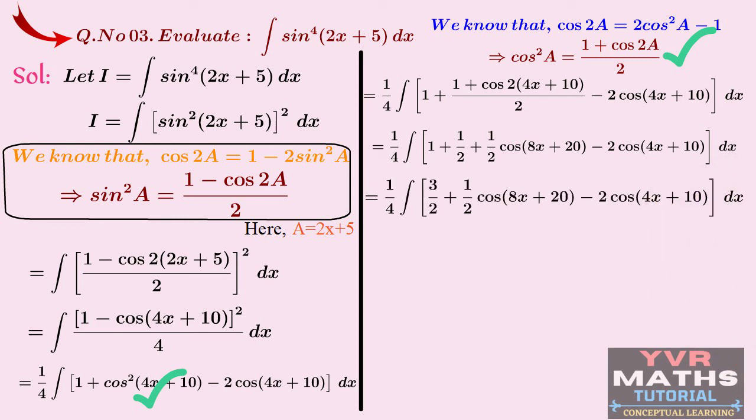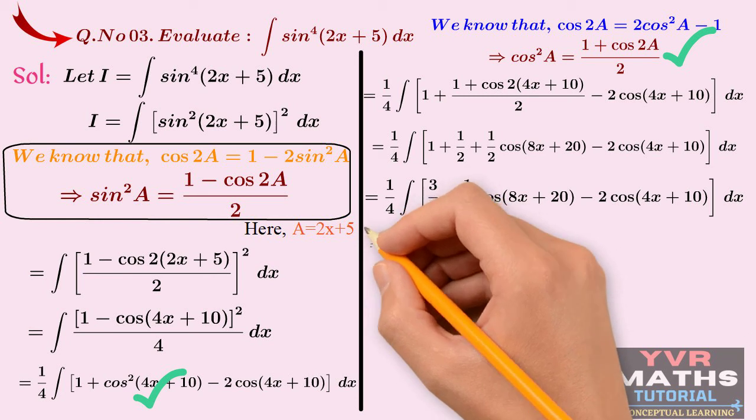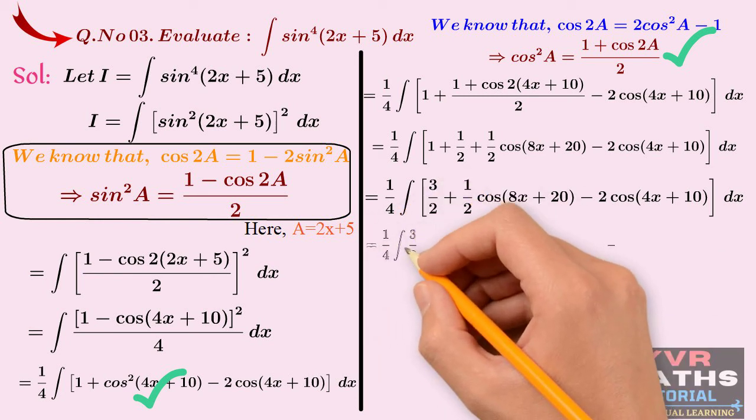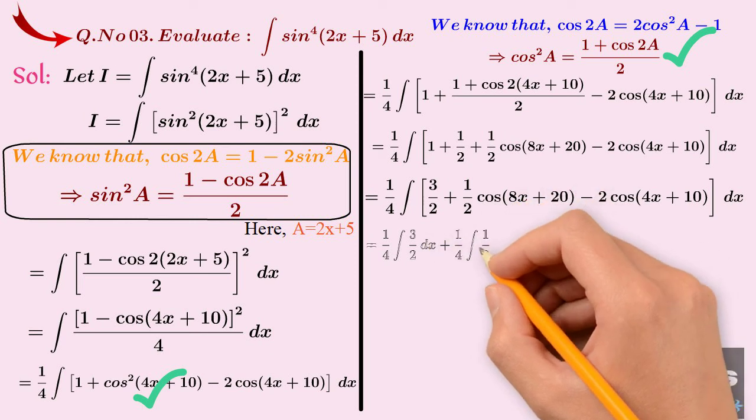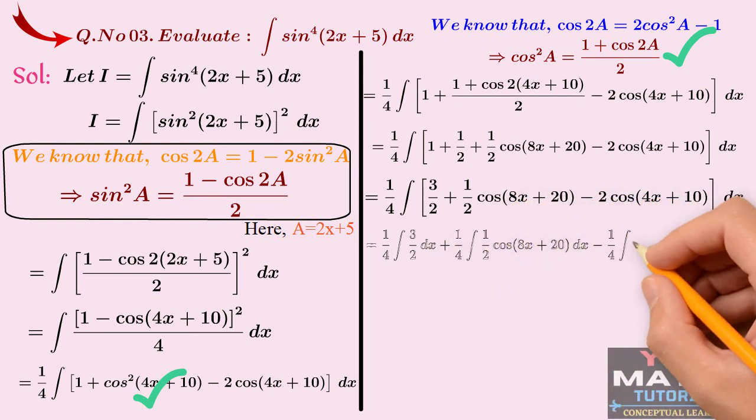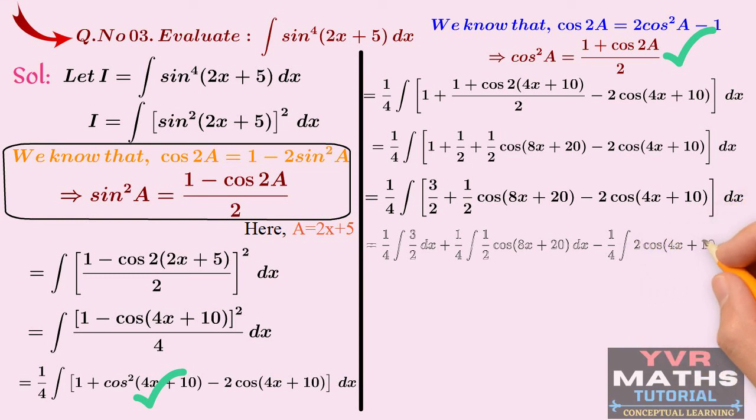By using basic properties of indefinite integrals, I am going to apply individual integrals. Then what we will get? See here in the next step, 1 by 4 into integral 3 by 2 dx plus 1 by 4 integral 1 by 2 cos of 8x plus 20 dx minus 1 by 4 integral 2 cos of 4x plus 10 dx.